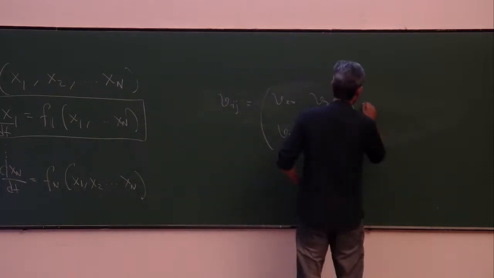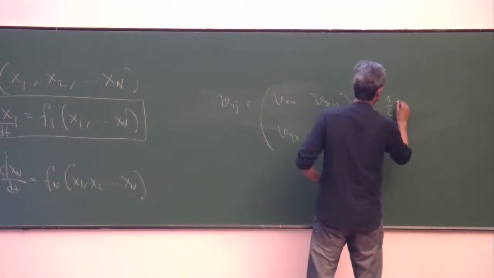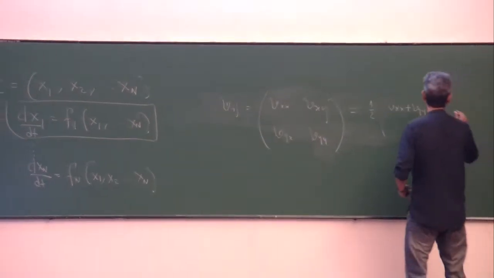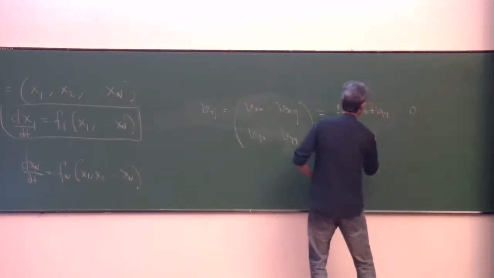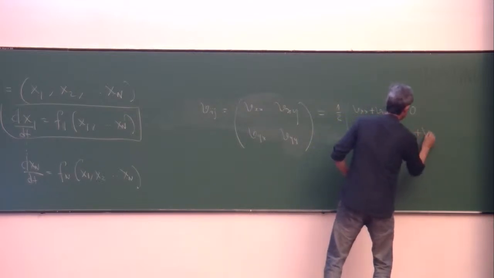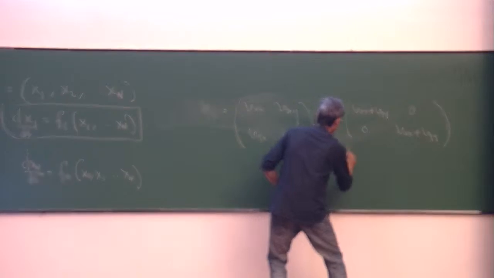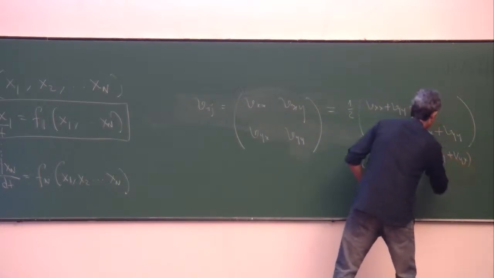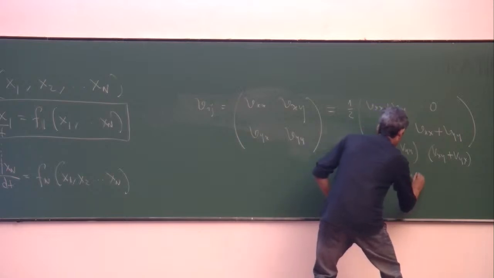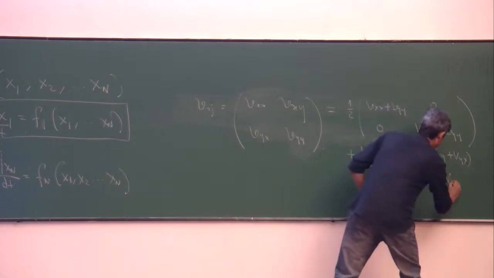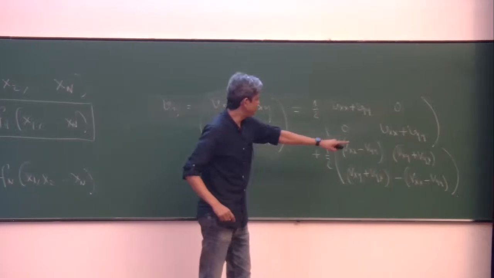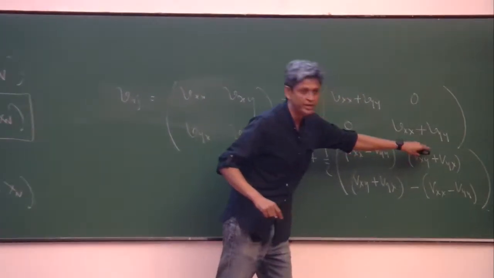So I can decompose it. Actually, I have another term in the decomposition which I have ignored, where only these diagonal terms are 0 and the off-diagonal terms are the difference.